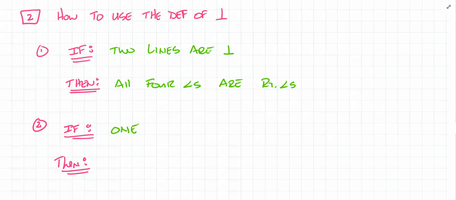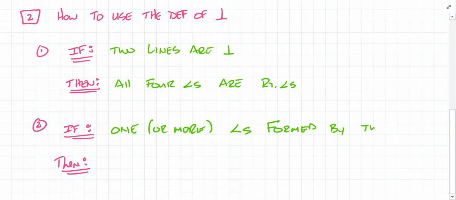So if one or more of the angles formed by two intersecting lines is 90 degrees, then what can we say?